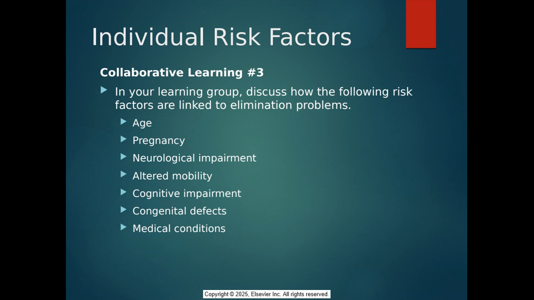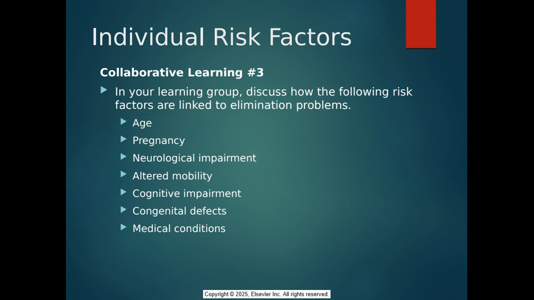For example, cognitive impairment, they could have dementia, they can have Alzheimer's and lose the cognitive thought process of knowing their bladder's full and they have to pee. Congenital defects, I mentioned spina bifida, medical conditions, diabetes, hypertension, the list can go on and on. So those are the risk factors that can be associated with impaired elimination.